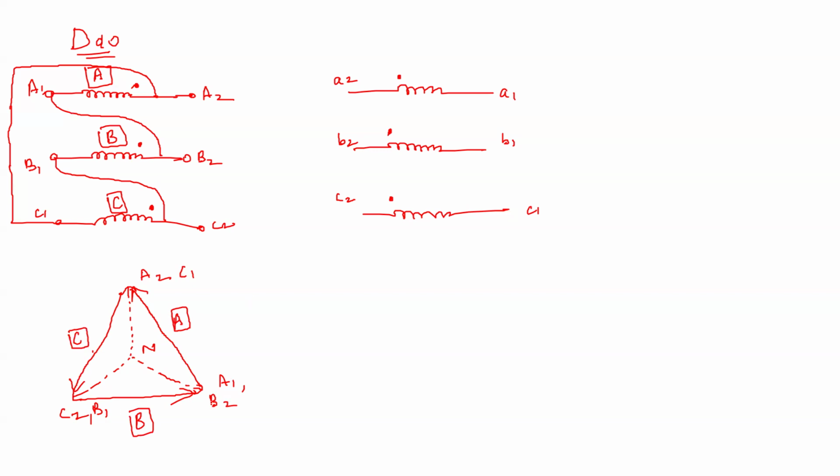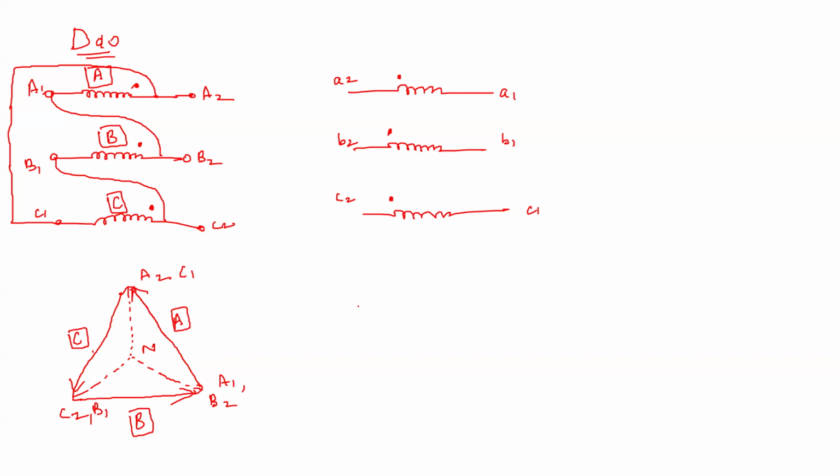Then B is between B1 and B2, where B1 and C2 are shorted. C is between C2 and C1, where C1 is shorted with A2, and C2 is anyway shorted with B1. So this is how the vector diagram of this delta winding looks.